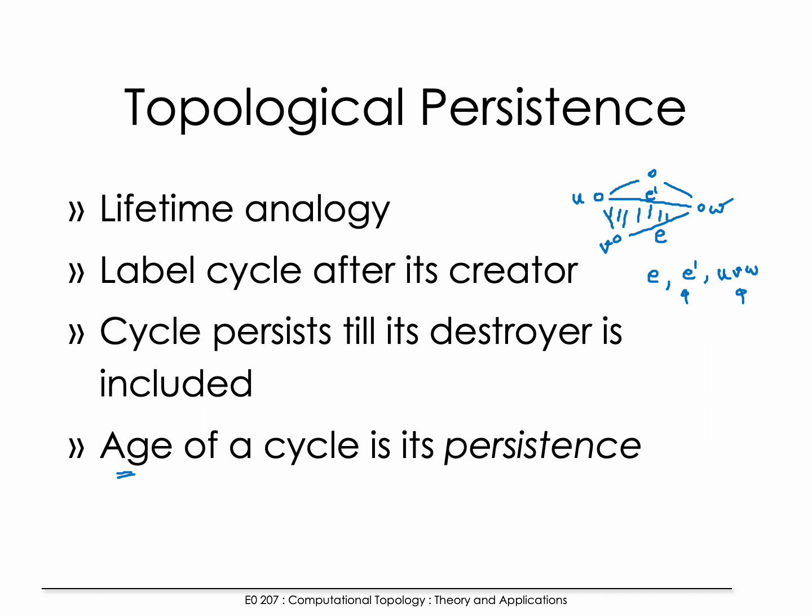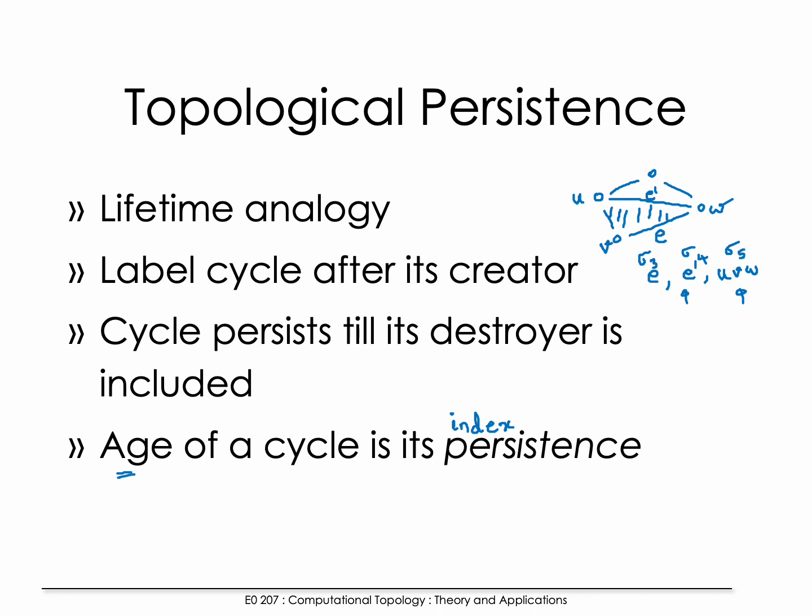So in this case, what we are measuring here is called index persistence, because the age is measured in units that come from the index. So let's say E was the simplex sigma sub 3, and E prime is sigma sub 4, and UVW is sigma sub 5.